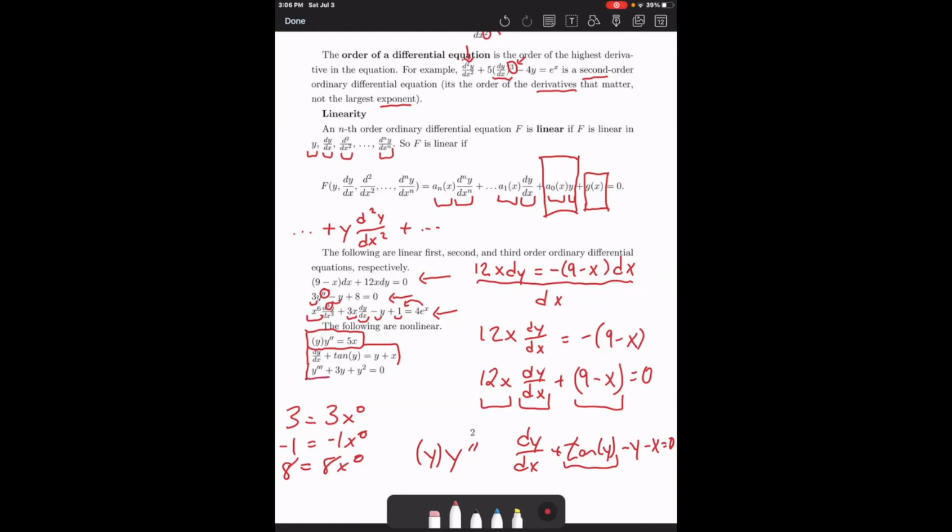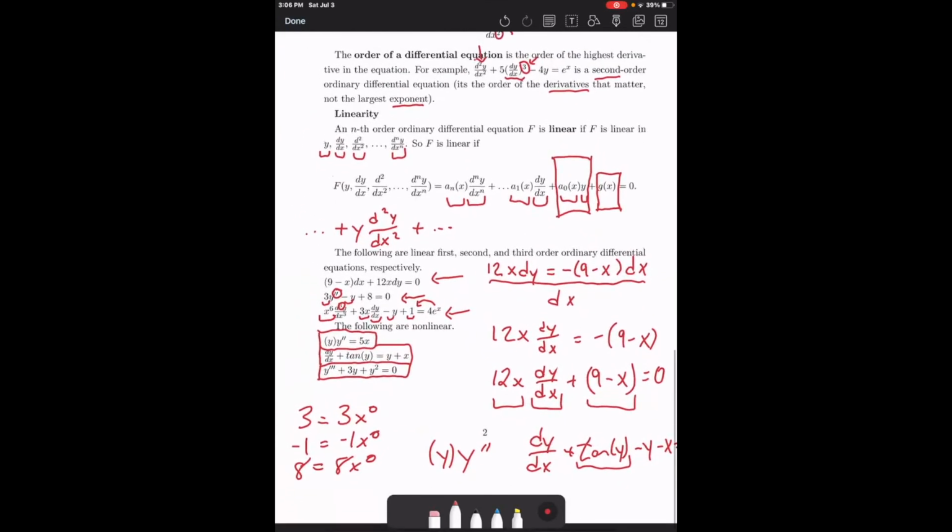And now finally, you can take a moment to think about this one. Why is our final example here not linear? Pause the video if you'd like to have a moment to think. The problem here, it's clearly not the 1 that is multiplied by y triple prime.